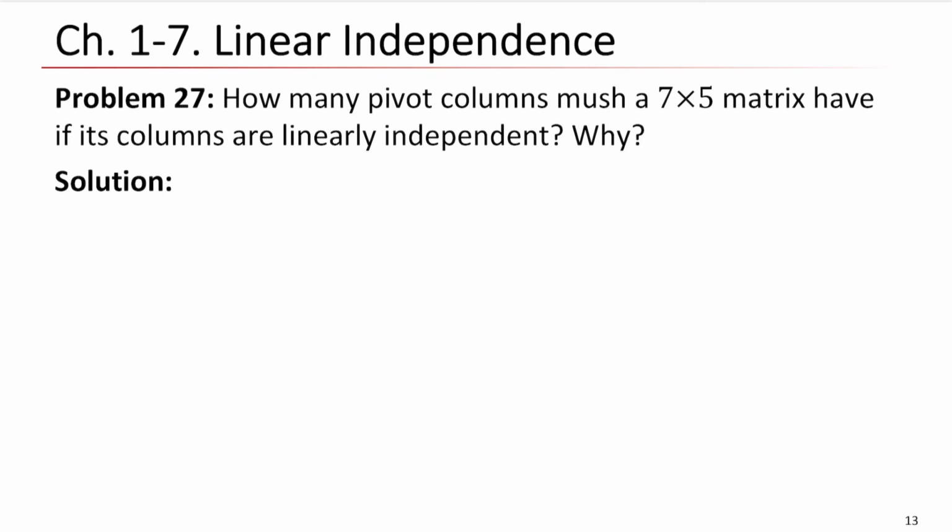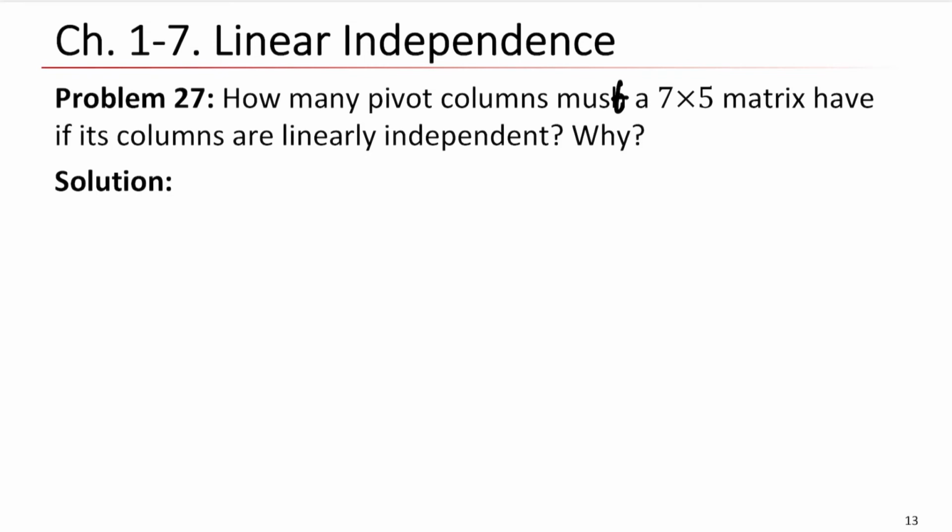How many pivot columns must a 7 by 5 matrix have if each column is linearly independent, and why? Okay, so this is the question.